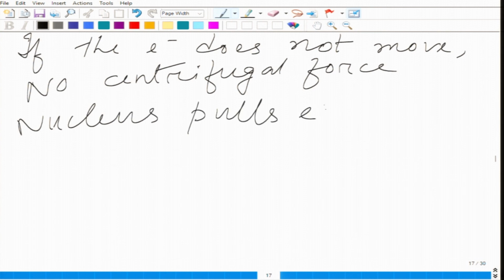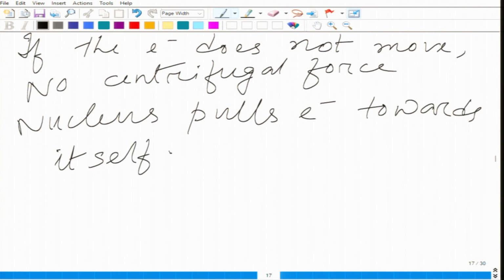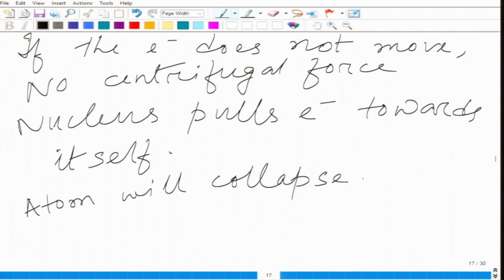Why? Because the nucleus is positive and electrons are negative. Opposite charges attract each other. So the nucleus will pull the electron towards itself. Then also the atom will collapse. So this case, assuming the electron to be static, is also not working.